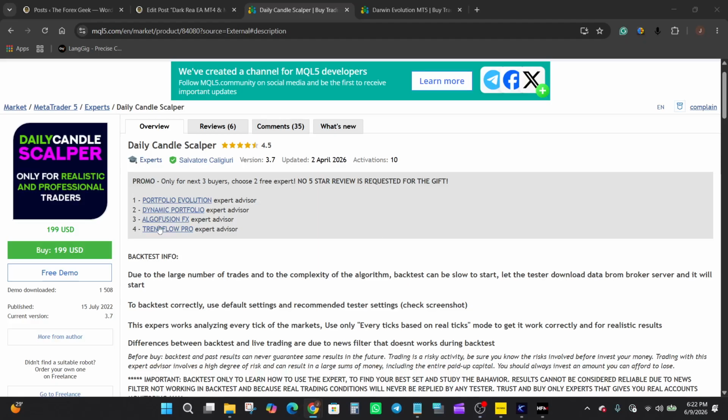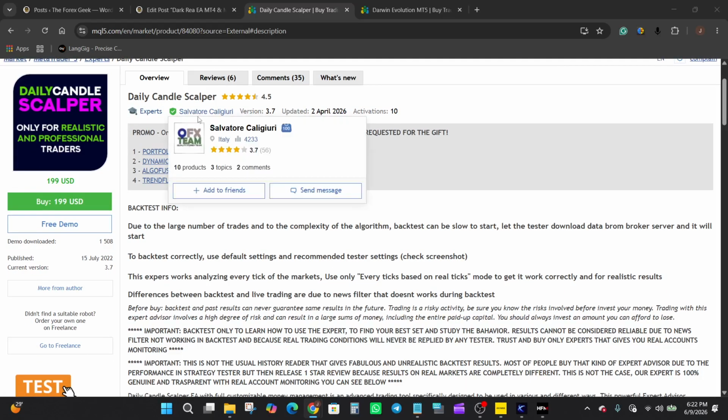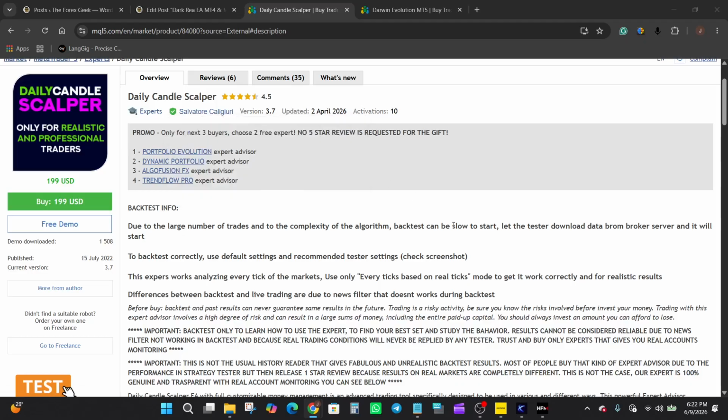The EA is listed at 199 US dollars and comes from the developer Salvatore Caliguri with version 3.7 updated on 2nd April 2026. It also shows 10 activations available, and there seems to be a promo included offering additional expert tools as a bundle for early buyers.